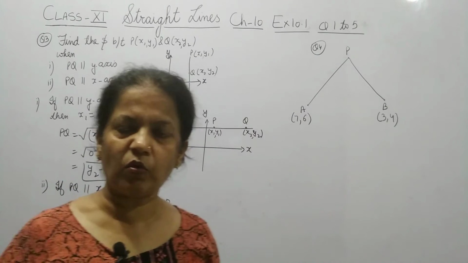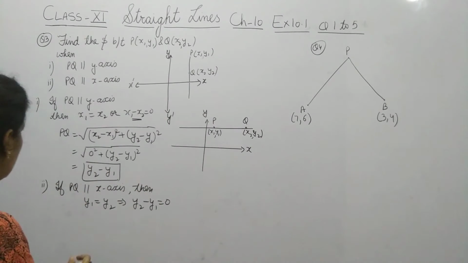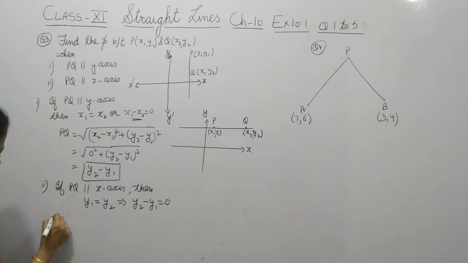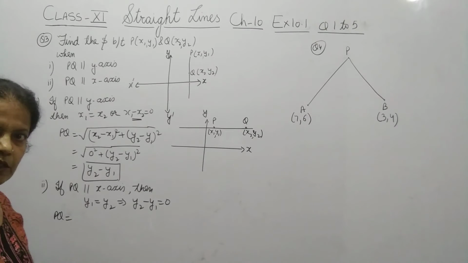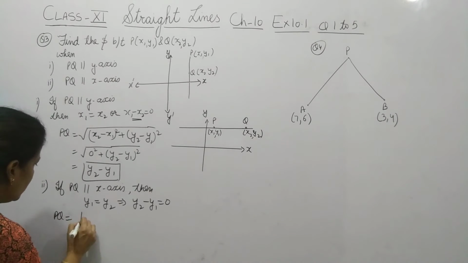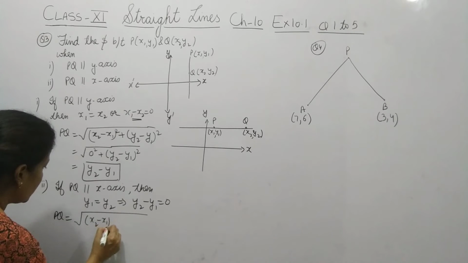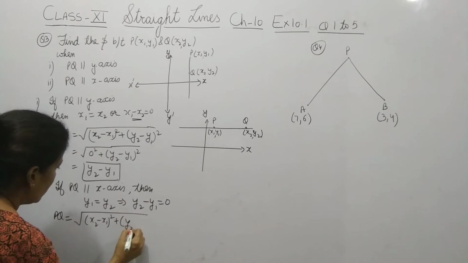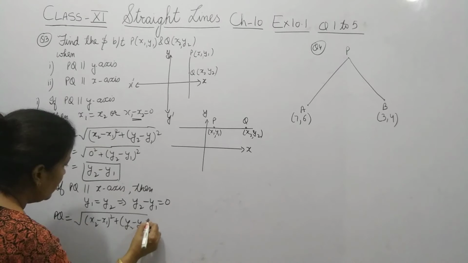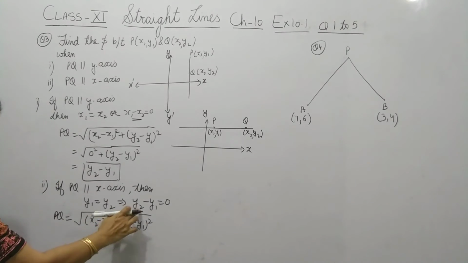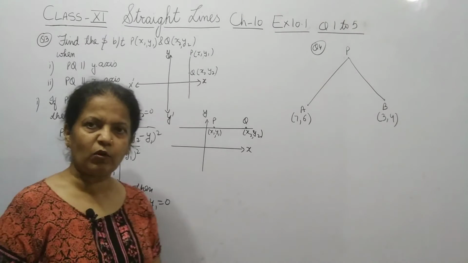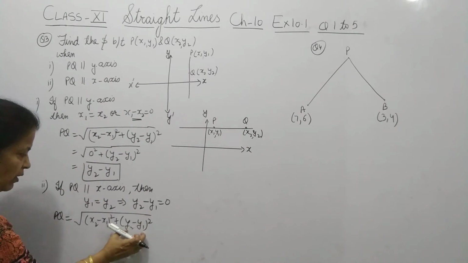Now we will find the distance by using the distance formula. So PQ, same procedure we will use. PQ equals square root of (x2 minus x1) square plus (y2 minus y1) square. From here y2 minus y1 equals 0, so this part will be 0.